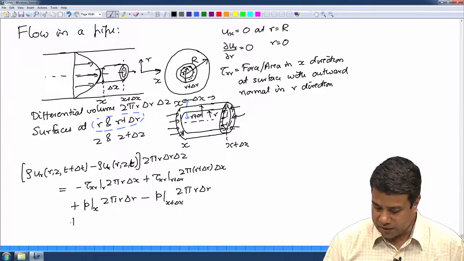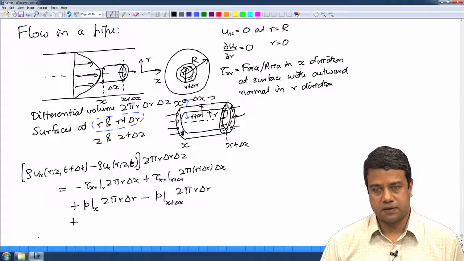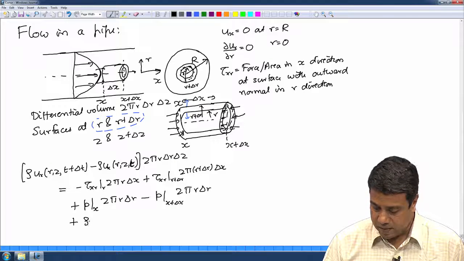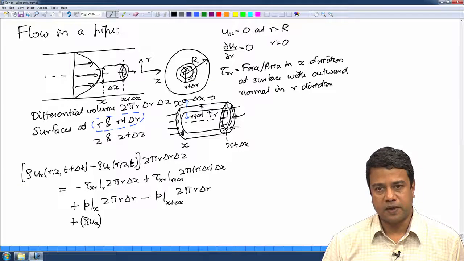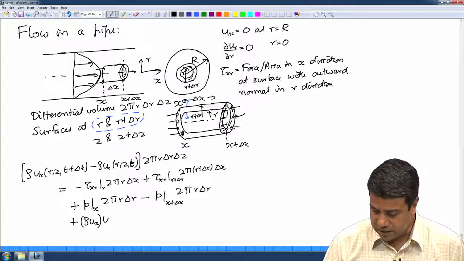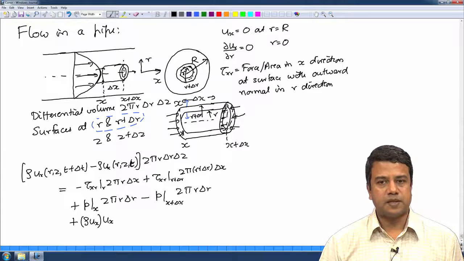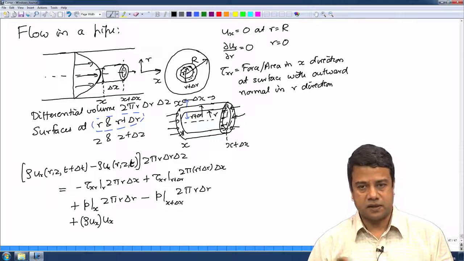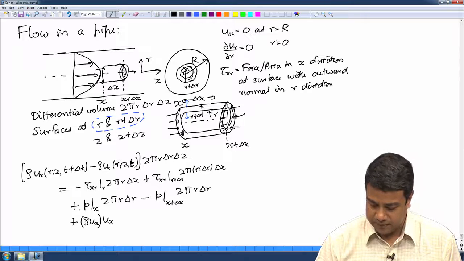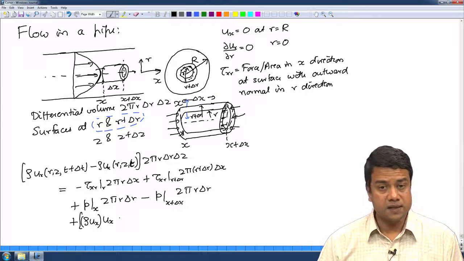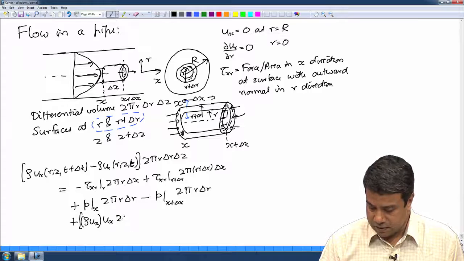It is equal to the momentum density times the velocity, which is the momentum flux, the momentum transported per unit area per unit time, times the surface area, 2 pi r delta r.